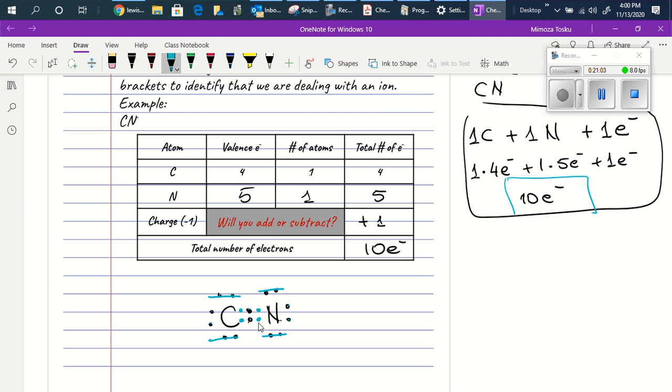So the Lewis dot diagram for this will be using brackets, and we'll have carbon here, nitrogen here, a triple bond between the two, and then we'll have 2 electrons as lone pairs, and the charge is negative. So for ions, what we will do is we will use square brackets and we will show what the charge is.